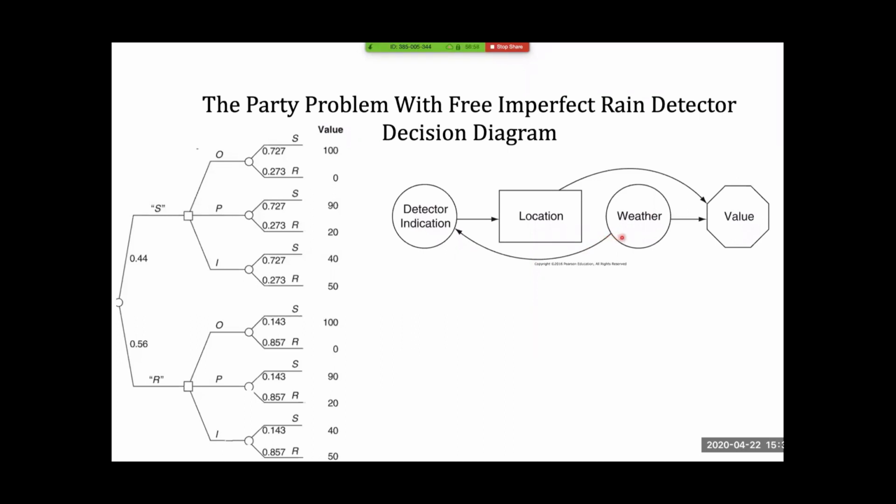Okay, and just like before, the value of the party is determined by the location of the party and how the weather is like. So we do not have an arrow from the detector's indication, or we do not have an arrow like this.